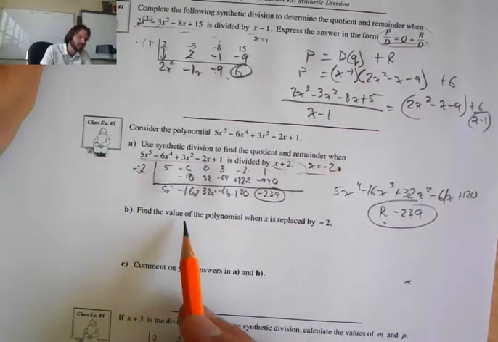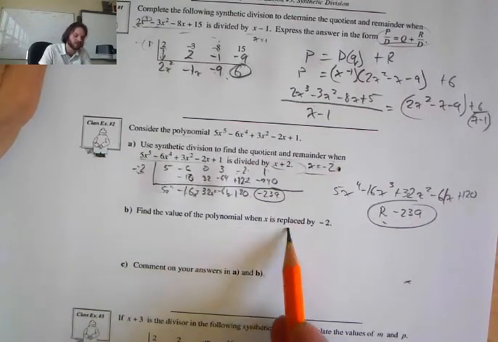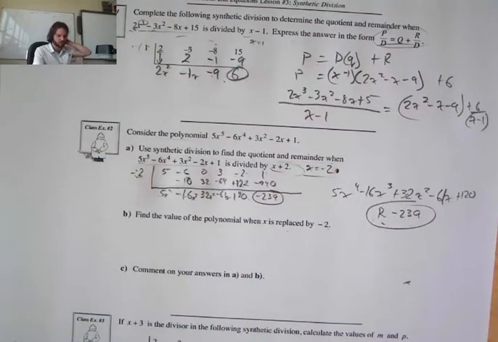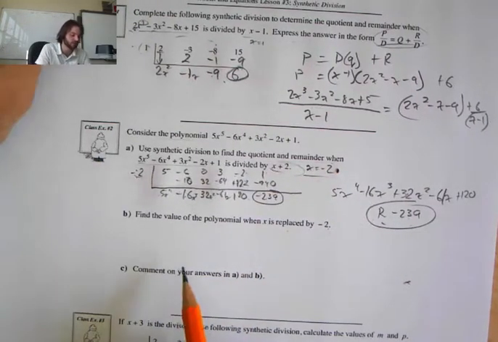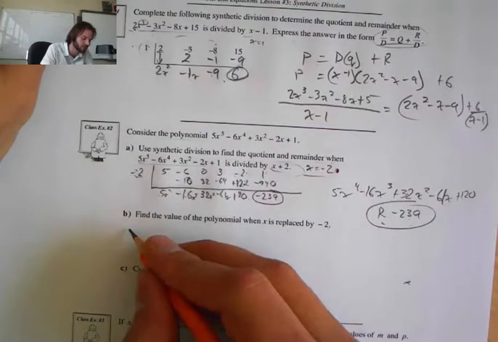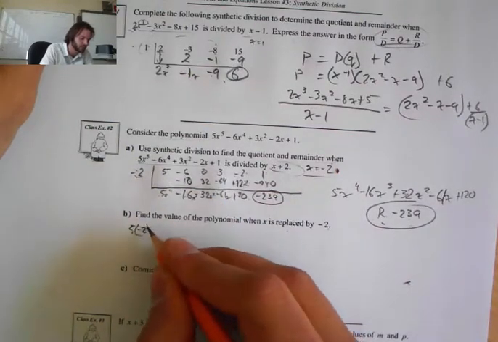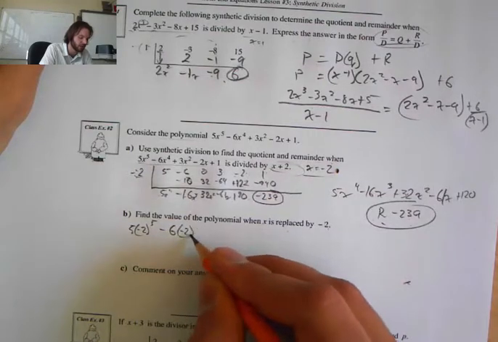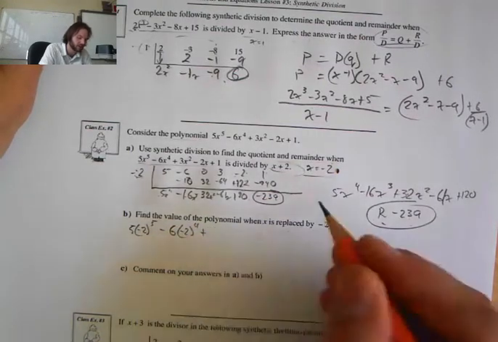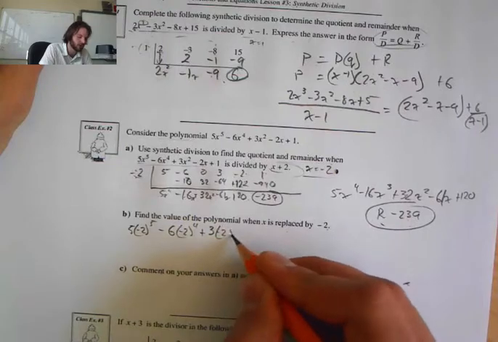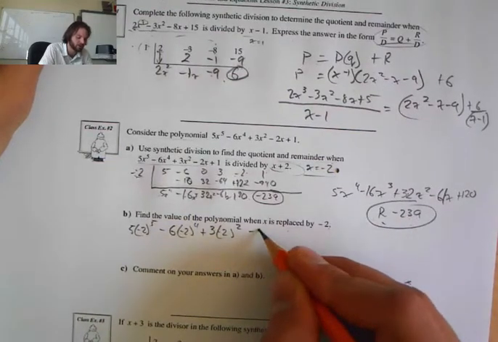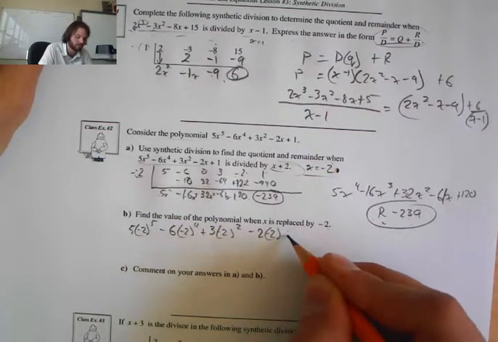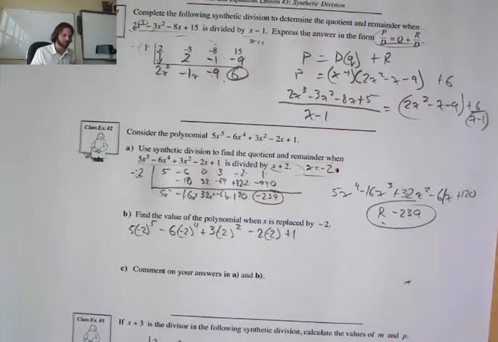Now it says, find the value of the polynomial when x is replaced by negative 2. Okay, so let's try that out. So we're saying when x is replaced by negative 2. So that's going to give me 5 times negative 2 to the power of 5 minus 6 times negative 2 to the power of 4 plus 3 times negative 2 squared minus 2 times negative 2 plus 1. So I look at this.